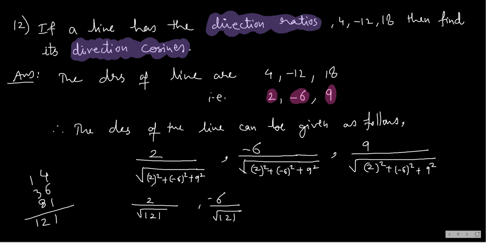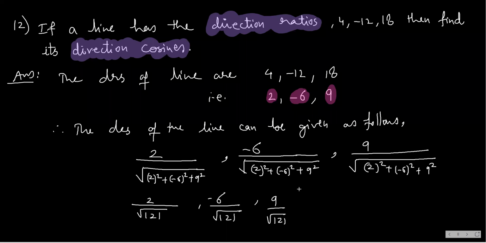So what is the sum of the squares inside the square root? It is 121. So you get square root of 121, and here 9 upon square root of 121. You know that square root of 121 is 11.